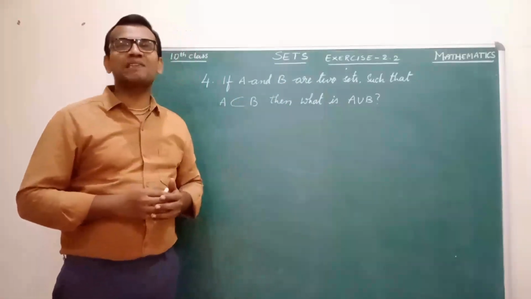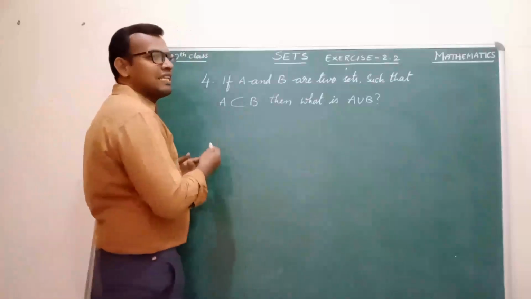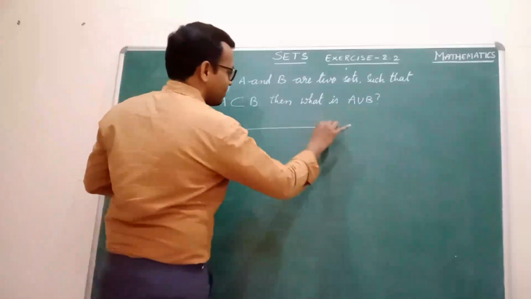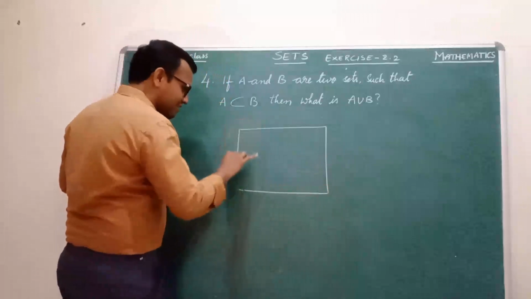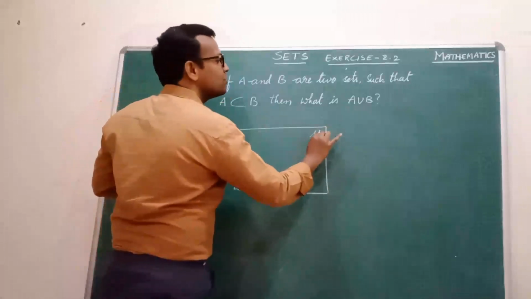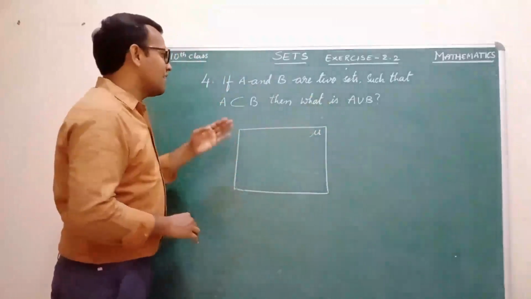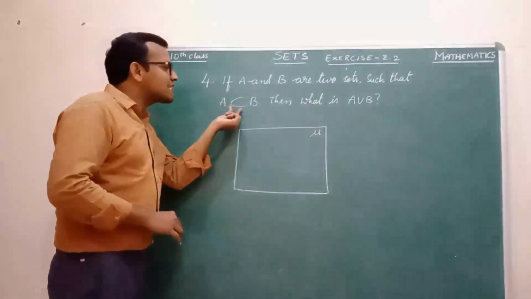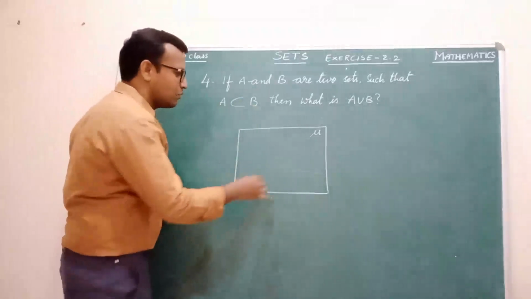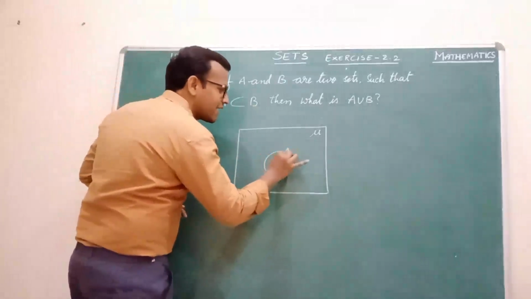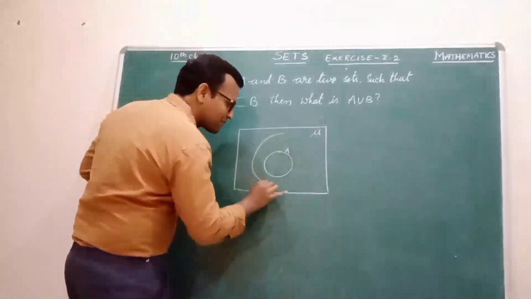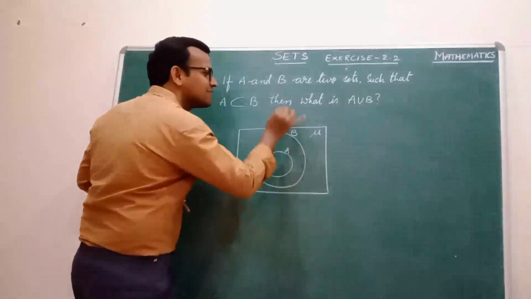Now let us try to find that one. See here, let me take a universal set, and we know that rectangles are generally used to represent a universal set mu, and A is a subset to B. Now A set let me take, and this is a subset to B.